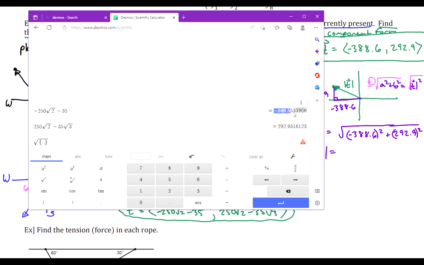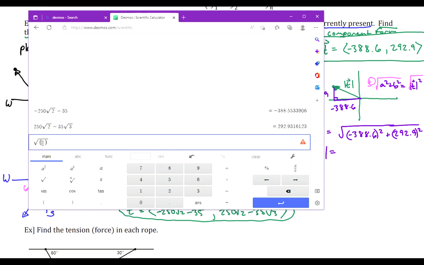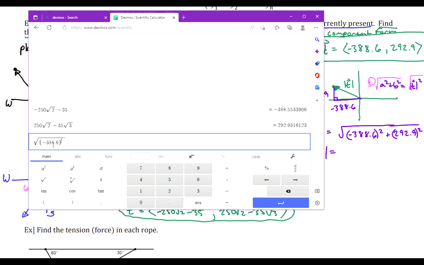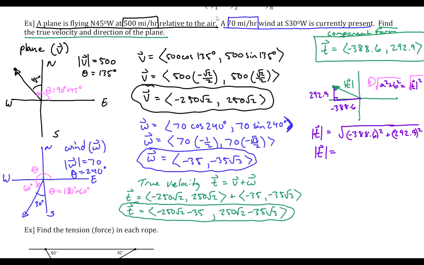I did round that to 6, and then squared plus 292.9 squared. Okay, so there we go. So we have 486.6. So that is its new speed. That's its true velocity, 486.6, and that is the miles per hour.